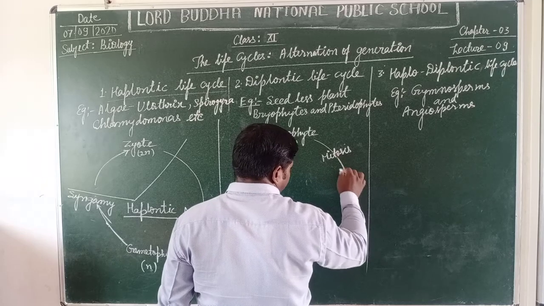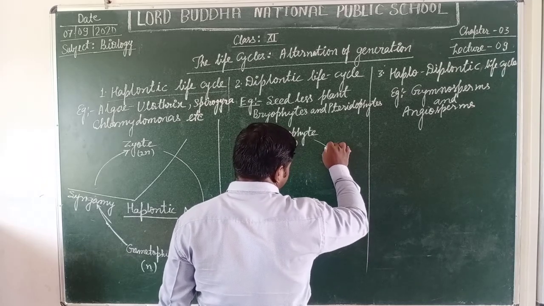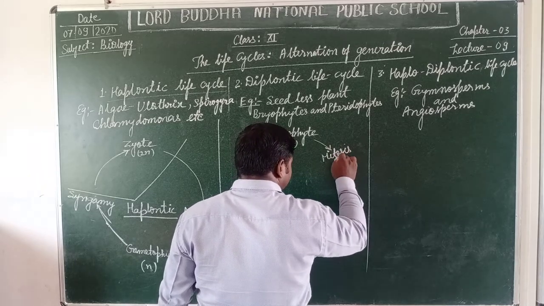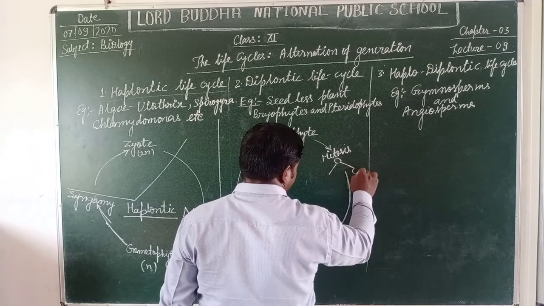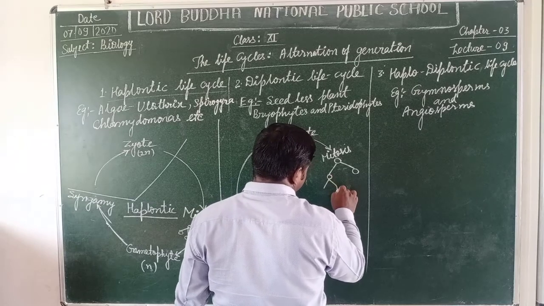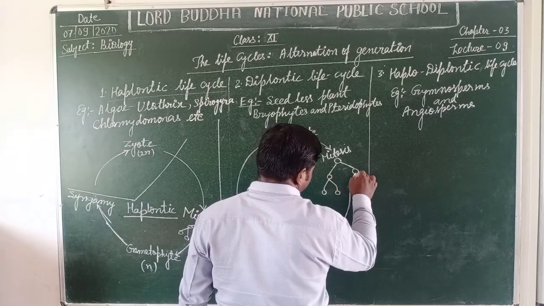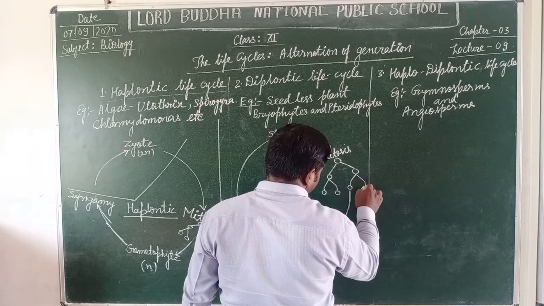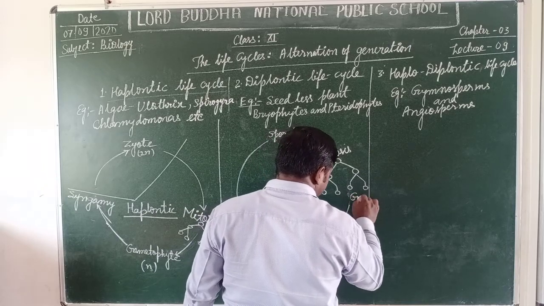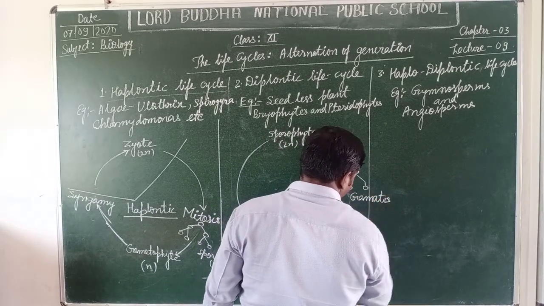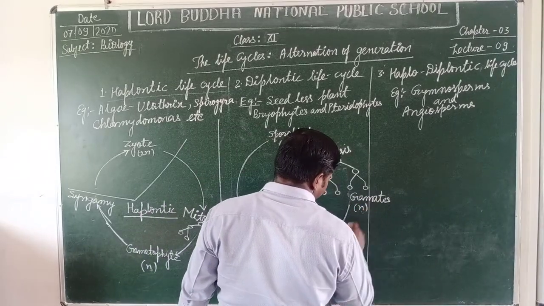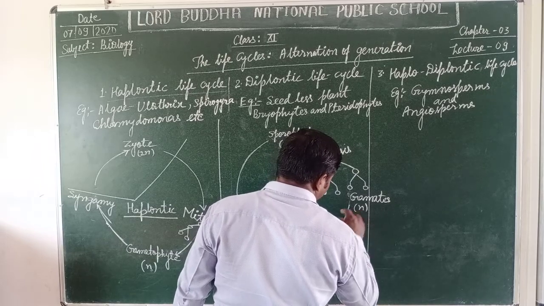It further goes through the process of mitosis division, and through mitosis division there is formation of a number of cells containing the same number of chromosomes, and further these are the gamete cells, which undergo meiosis and contain n chromosomes.